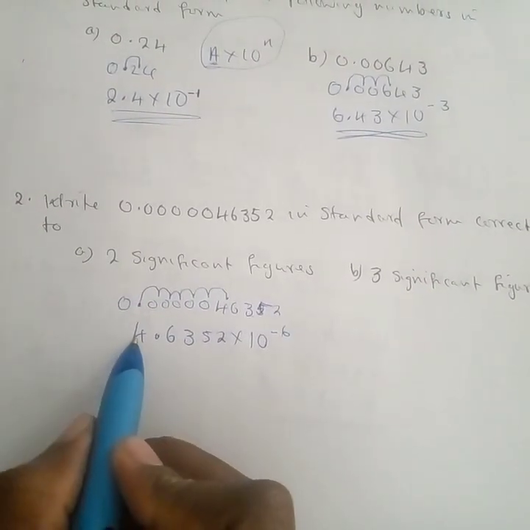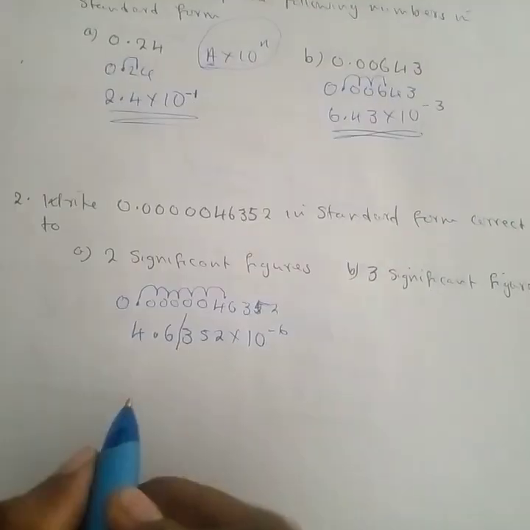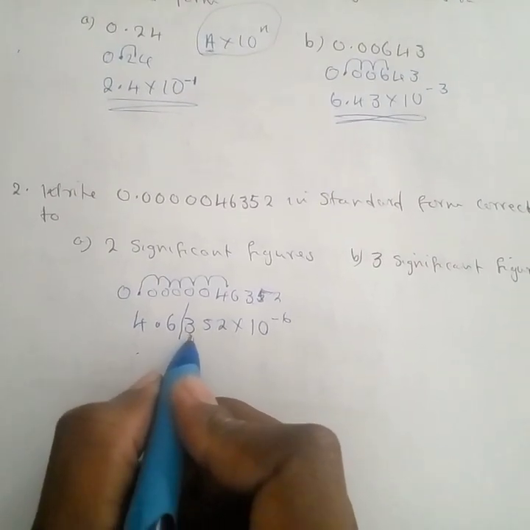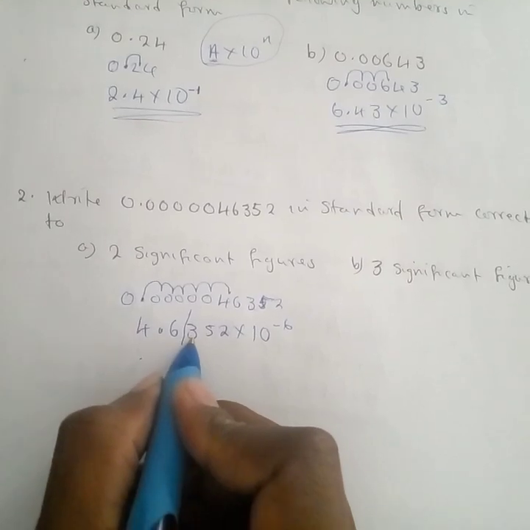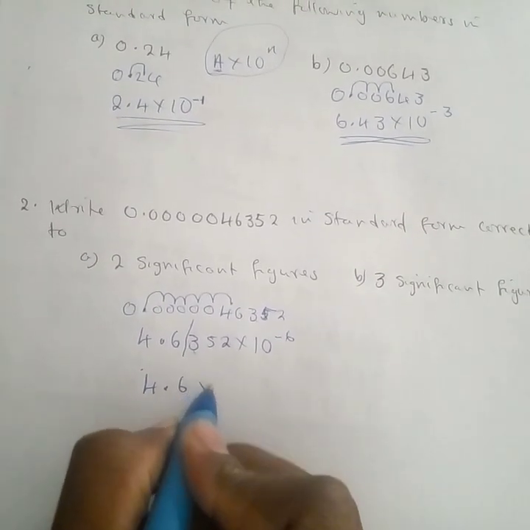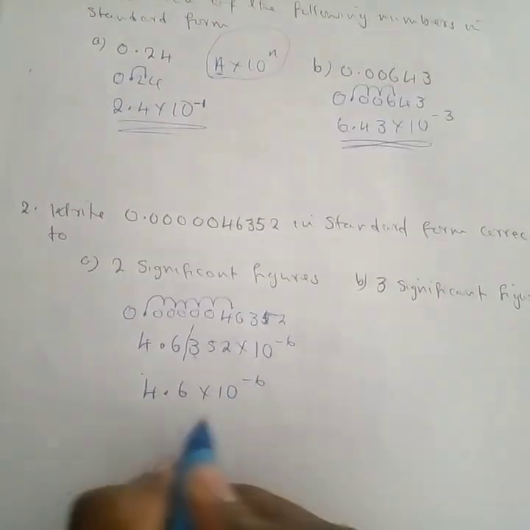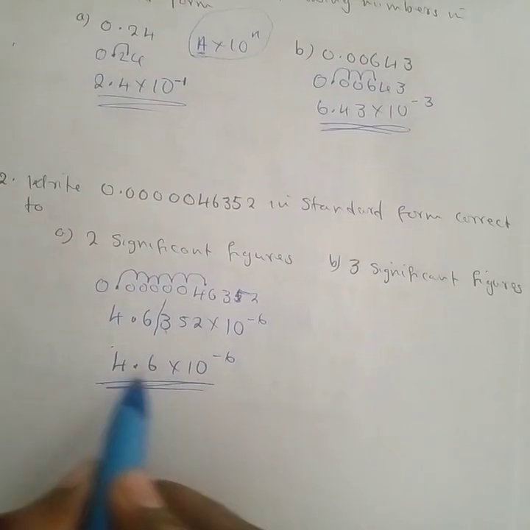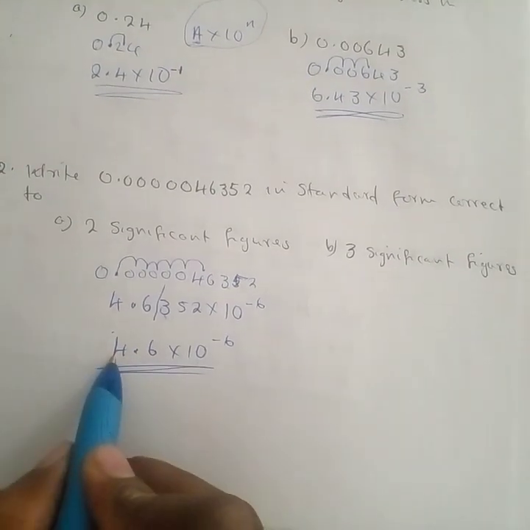But they just want 2. 1, 2. So we'll put a demarcation there. And therefore, look at this 3. Is this 3 equal to 5 or less than 5? It is less than 5. So I cannot add 1 here. So we're going to just write 4.6 times 10 to power negative 6. So this is in standard form correct to 2 significant figures.